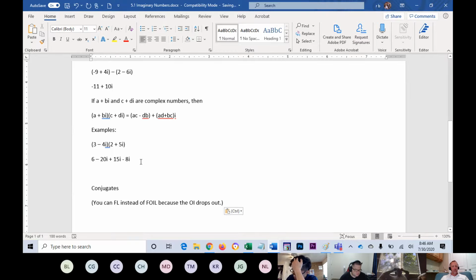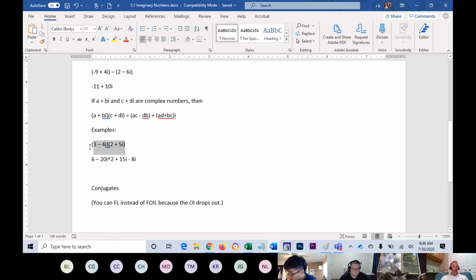3 times 2 is 6. 3 times 5 is 15. 4 times 2, -8. -4 times 5, -20. This one should be i squared though. I just mean in the formula above, it has a times c minus db.